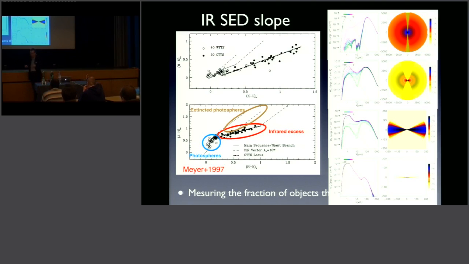If you add reddening from very cold dust, so dust that is far away and is not heated significantly by the radiation but just absorbs it, this would move in this direction, these dashed lines.